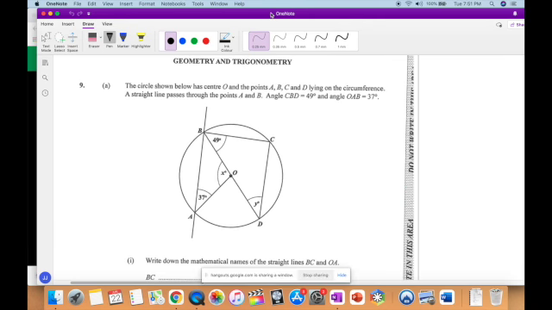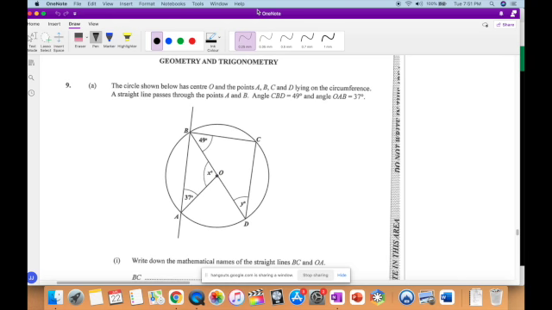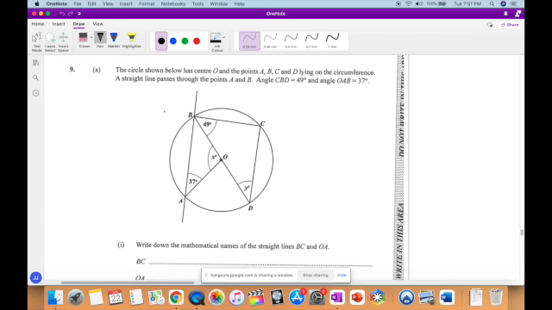Right? So, circle theory. And you know I had to take a break before circle theory, right? The circle shown below has a center O and the points A, B, C, D lying on the circumference. So I see the center O. Notice how I'm not reading the whole question, I'm reading it in pieces. A, B, C, D, I see that. The straight line passes through the points A and B. I see the straight line here.